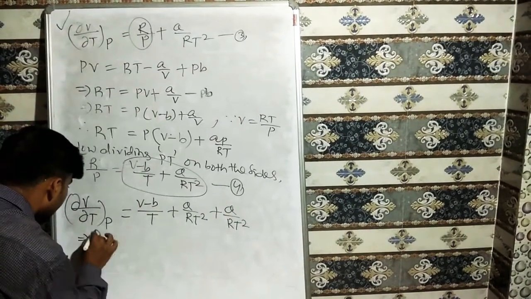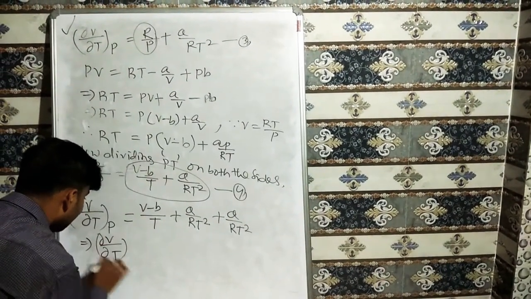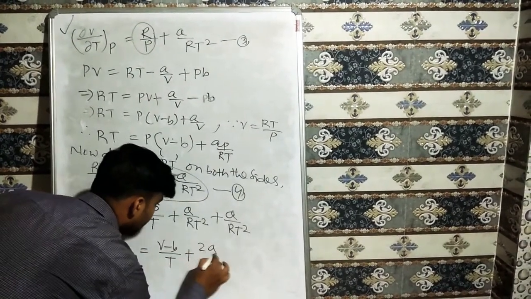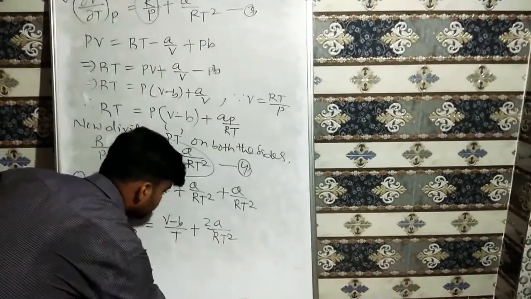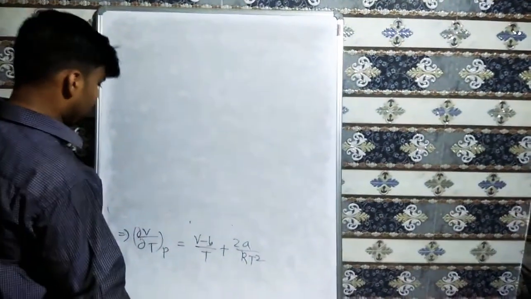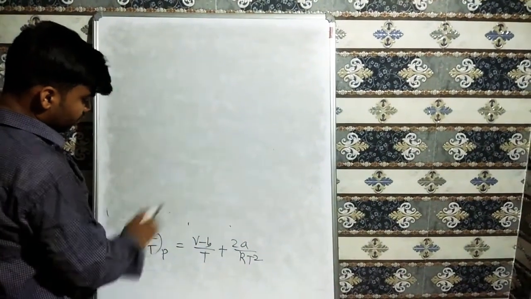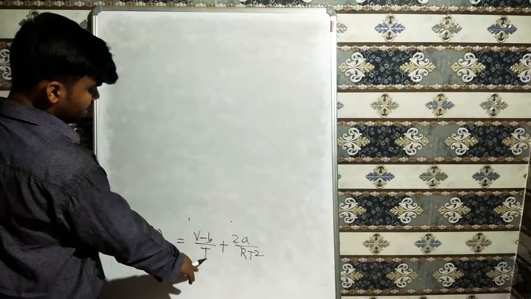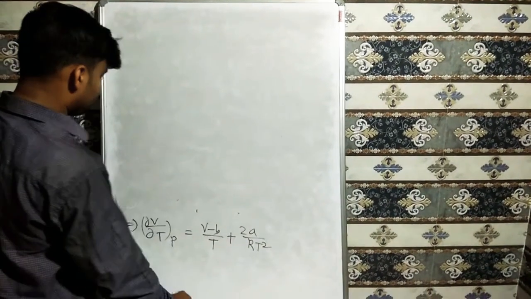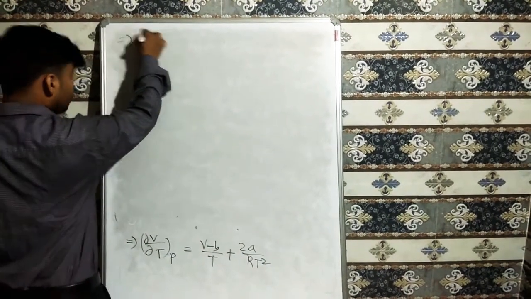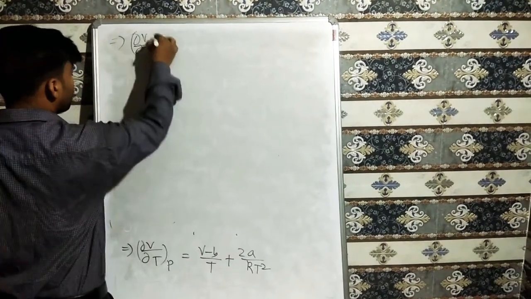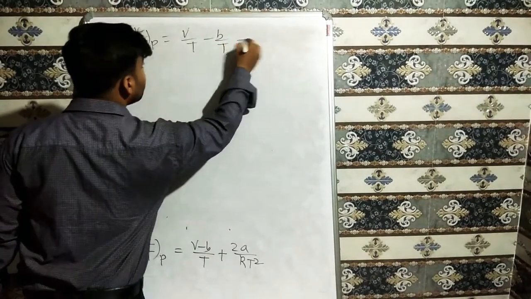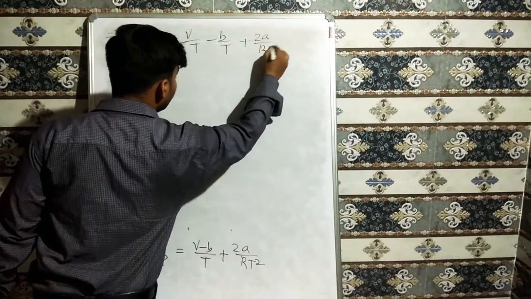So that implies del V by del T at constant P is equal to V minus V by T plus 2A by RT square. If we now simplify this, then we get del V by del T at constant P is equal to V by T minus B by T plus 2A by RT square.